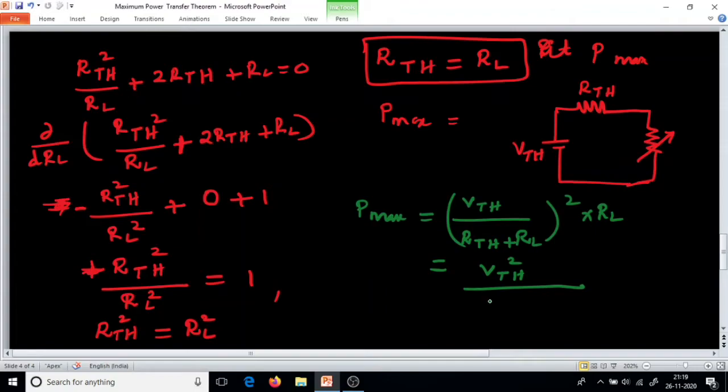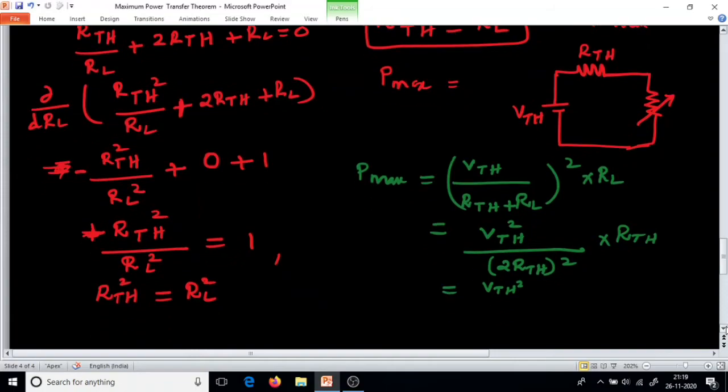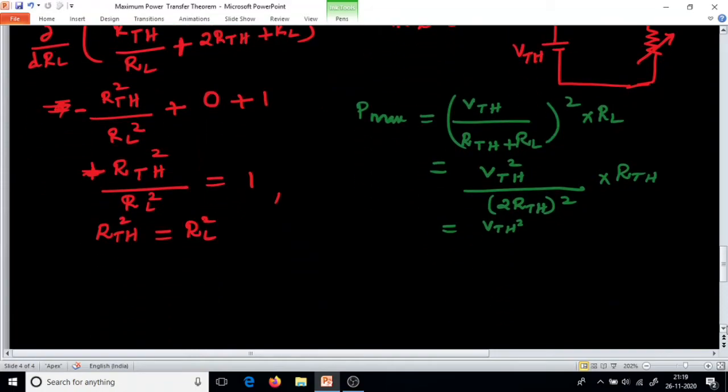RL equal to RTH, so 2 RTH whole square, and this RL we can also replace with RTH, which comes to VTH square divided by 4 RTH square multiplied by RTH.